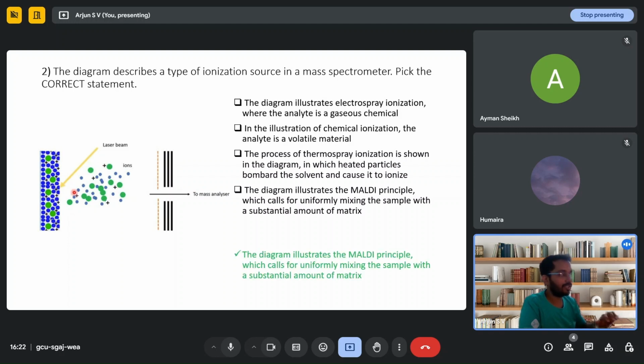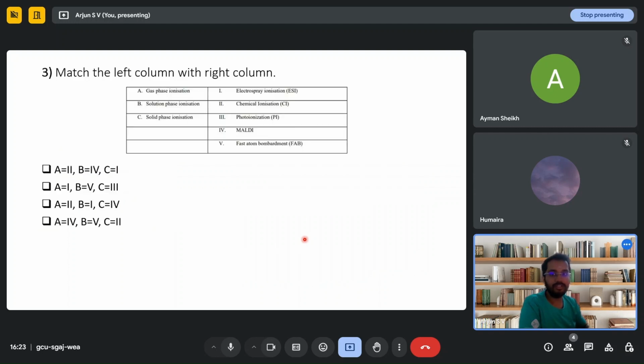So the correct option will be option D, which is the diagram illustrates the MALDI principle, which calls for uniformly mixing the sample with a substantial amount of matrix. So I'll go on to the next question, question number 3.